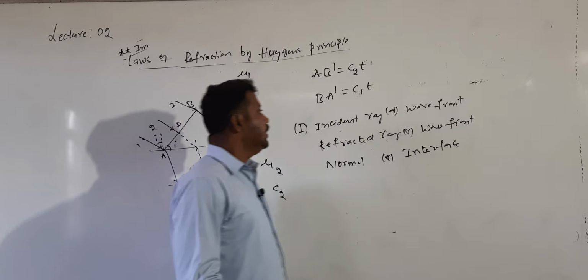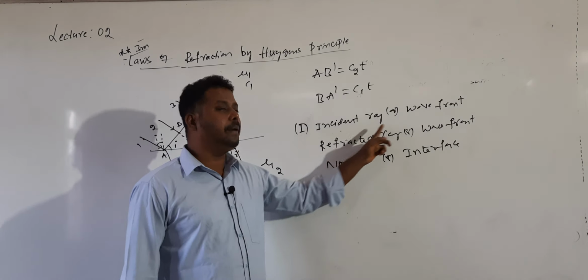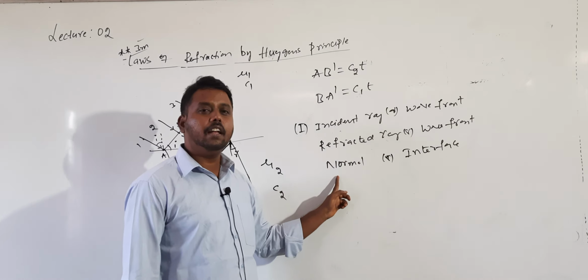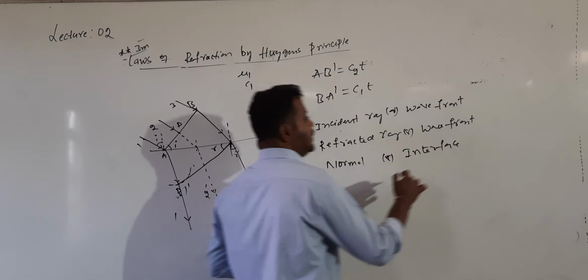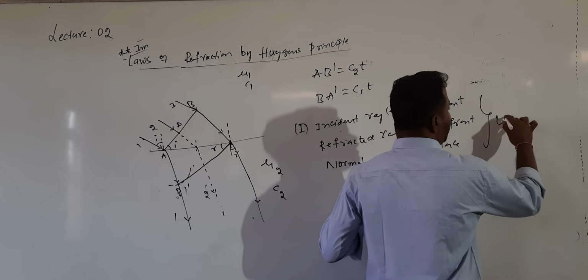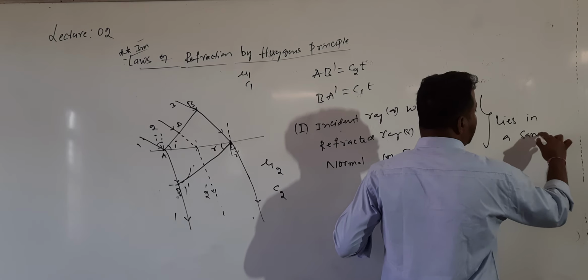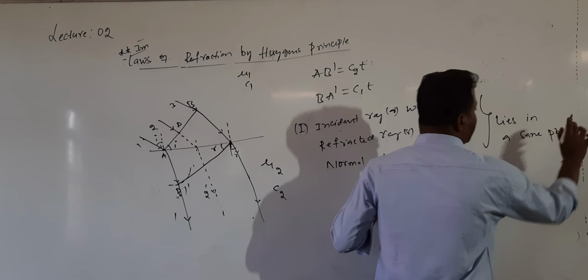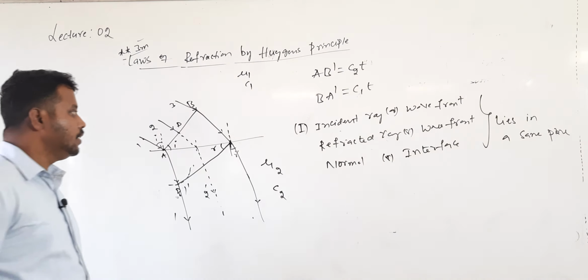You know that the incident ray is perpendicular to the incident wavefront, the refracted ray is perpendicular to the refracted wavefront, and similarly the normal is perpendicular to the interface. So obviously, from the diagram, all lie in the same plane. That is the first law of refraction.